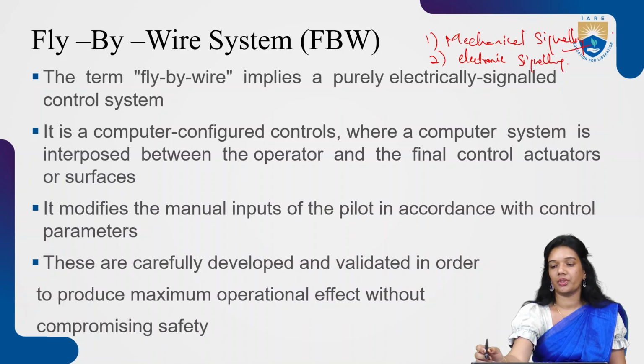In the first one, the mechanical signaling, the moment the pilot gives input with the control column, like if the aircraft needs to have a nose-up movement, the input is passed from the control column into the mechanical systems.